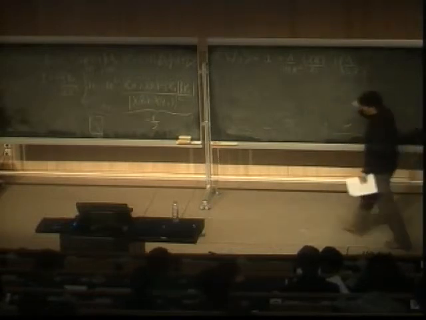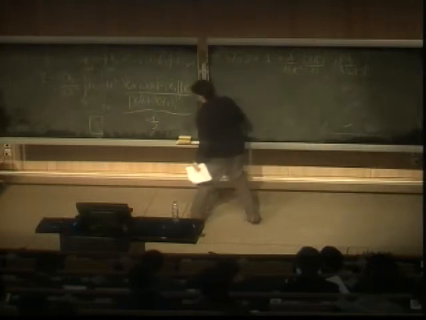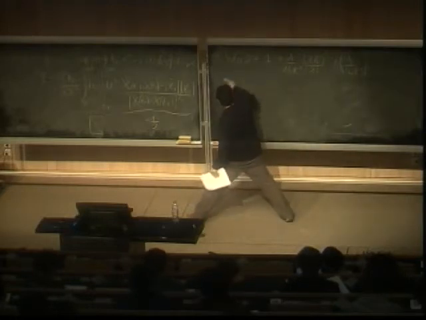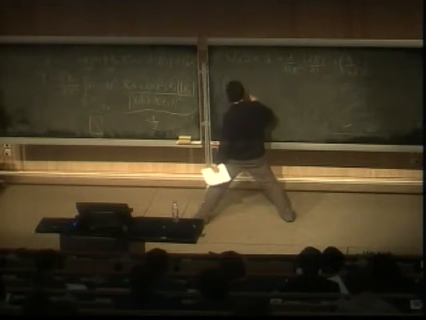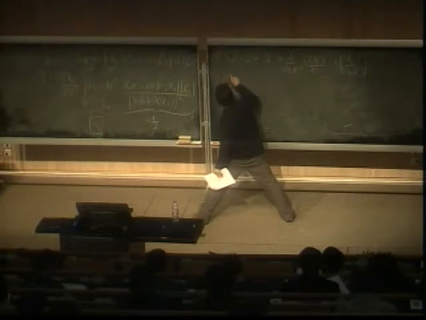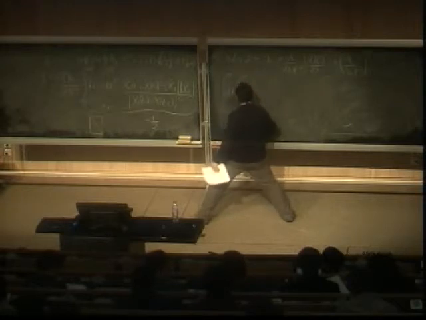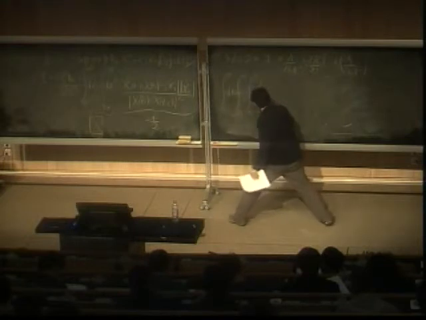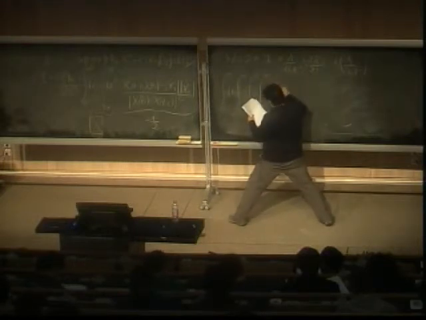Then we get an integration contribution that is dt1, dt2, dt3, dt4, but this one goes between 0 and 2 pi, this one goes between t1 and 2 pi, the next one goes between t2 and 2 pi, and the next one goes between t3 and 2 pi. And this is equal to 2 pi to the fourth, sorry.